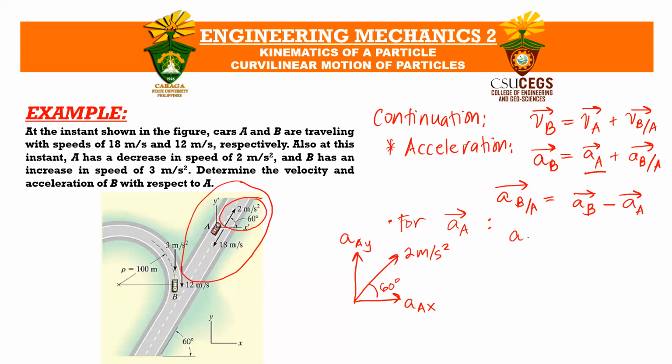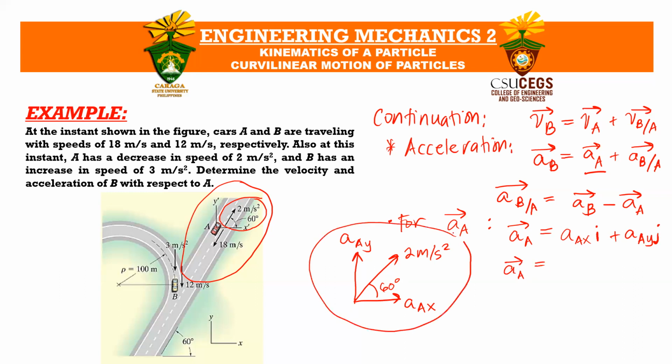So from that, the vector form would be equal to a sub x i plus a sub y j. From our figure here, our x component will use the trigonometric function cosine, since the 60 degrees is adjacent to your x component.